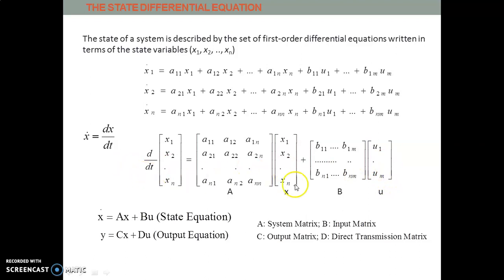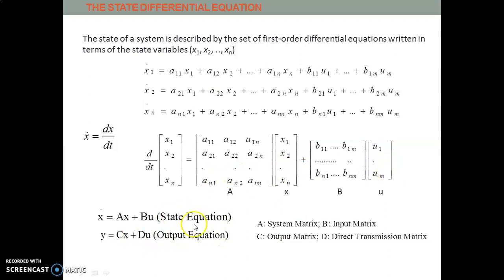So in general we can take x dot equal to Ax plus Bu. Similarly, the output expression is y equal to Cx plus Du.